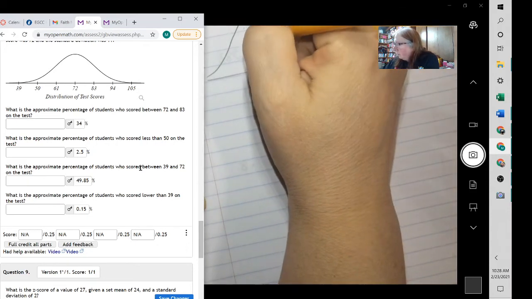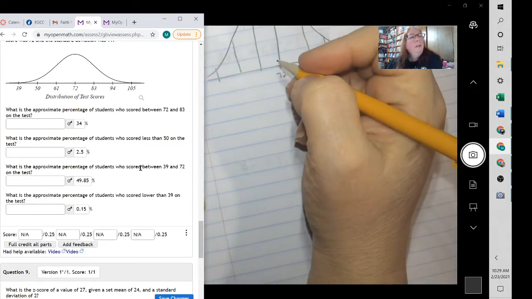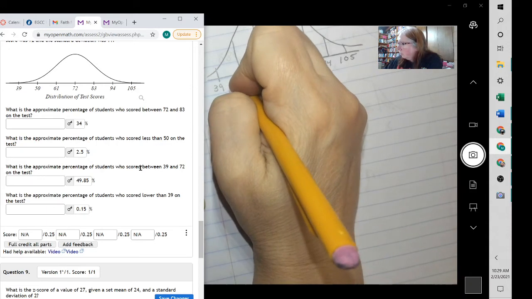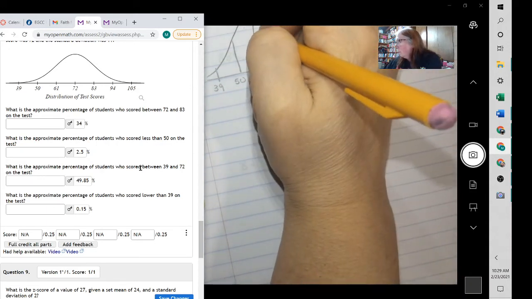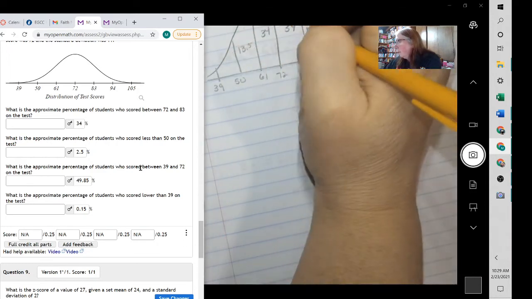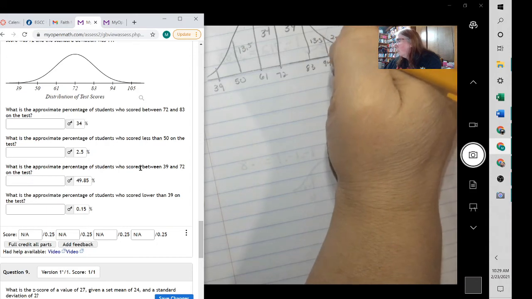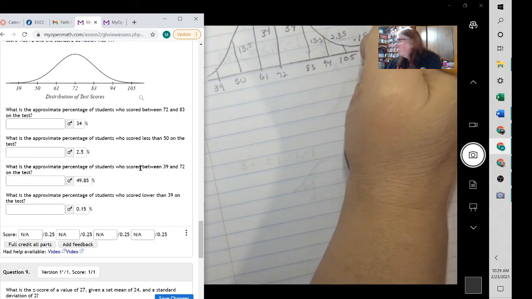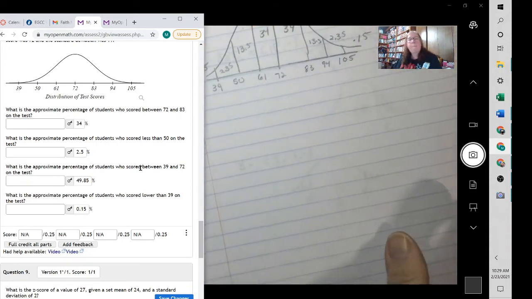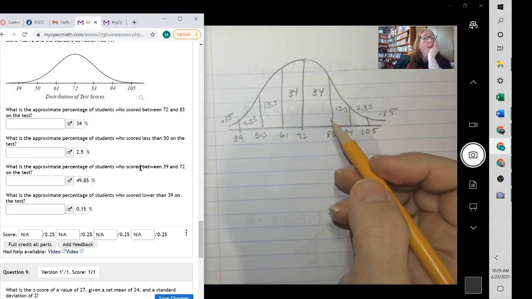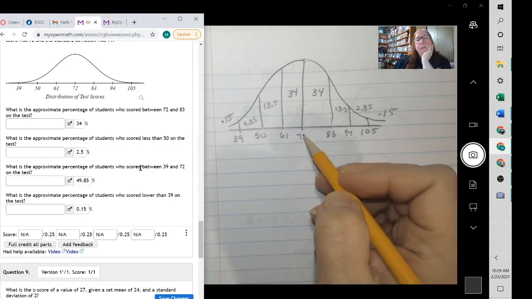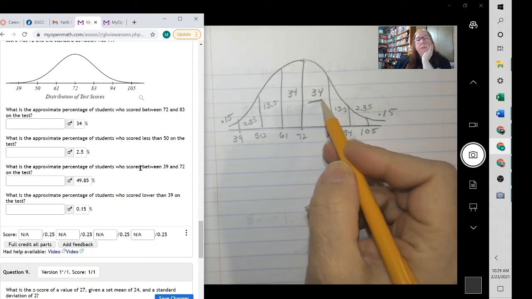And going the other way, it's 39, 50, and 61. This is 34, this was 13.5, 2.35, and 0.15. Between 72 and 83, 34%.